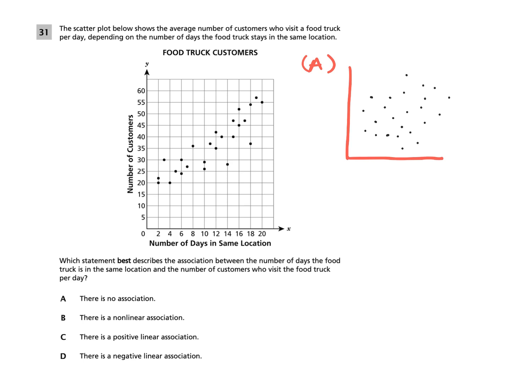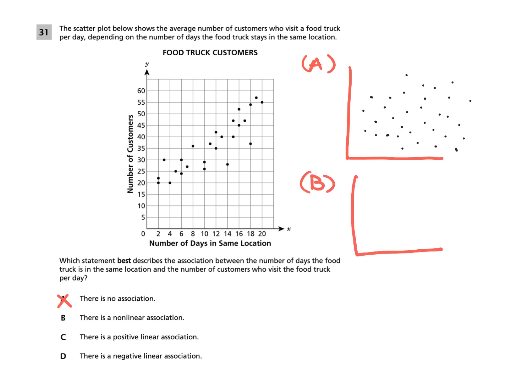They look like there's no real relationship here. Maybe random's not the best word, but there's no pattern that can be deduced. So that's what no association looks like. Well, we can eliminate A right away because they don't match at all. So let's look at B.